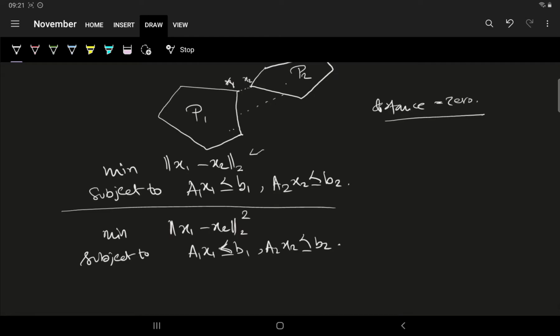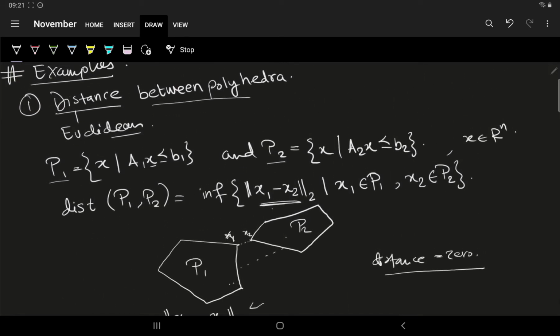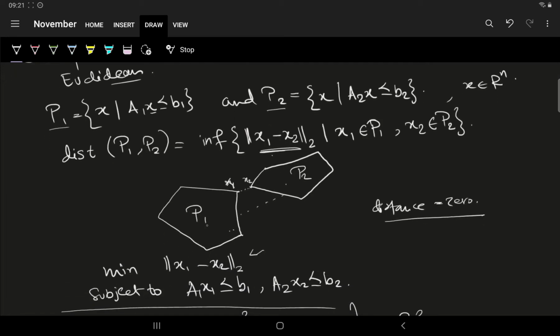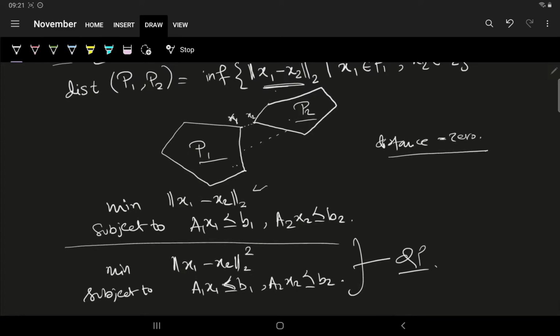So this is the quadratic program that will minimize the distance between the polyhedra P1 and P2. We can solve this to find the optimal x1 and x2.